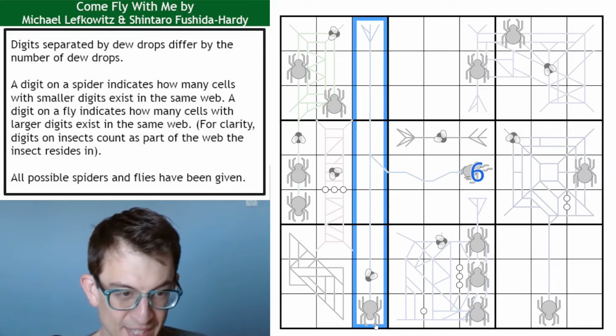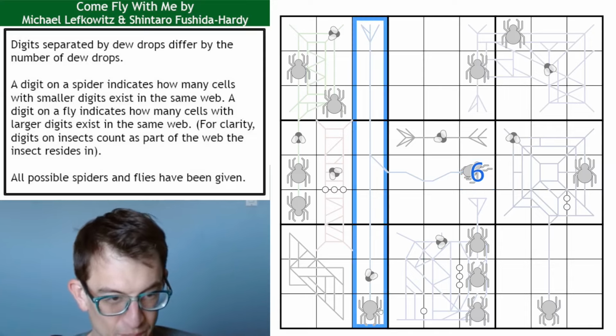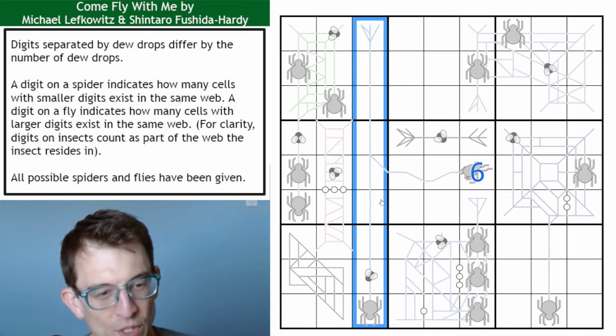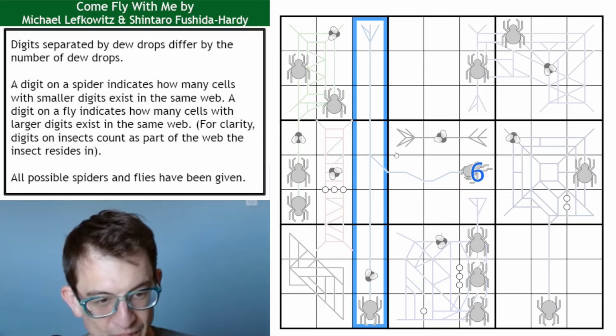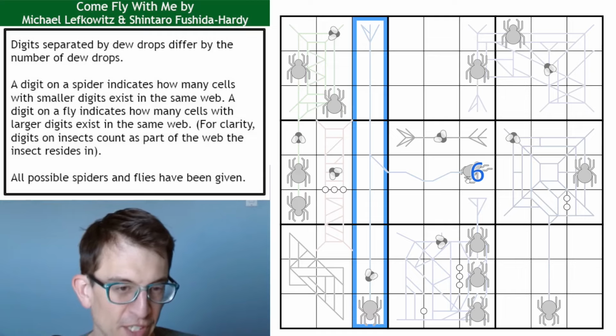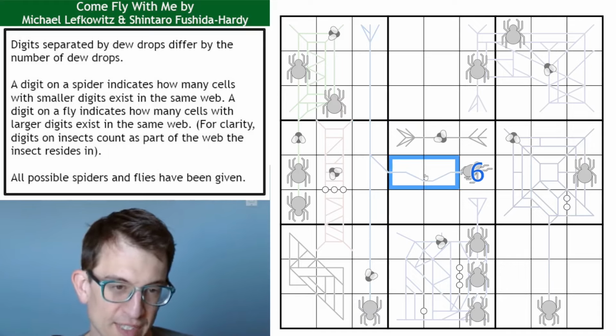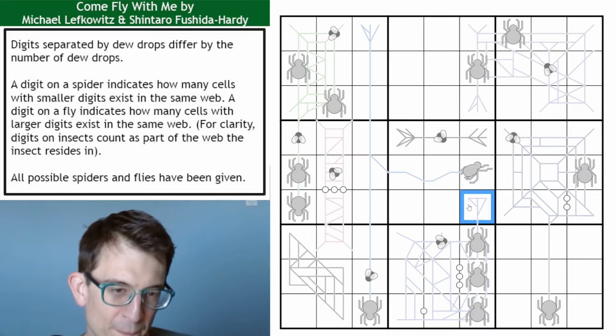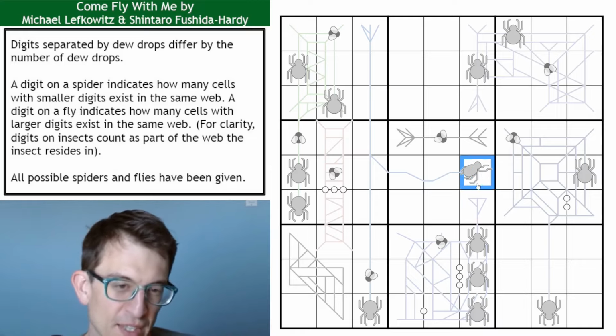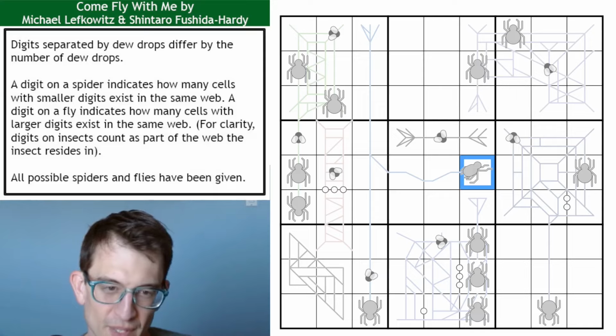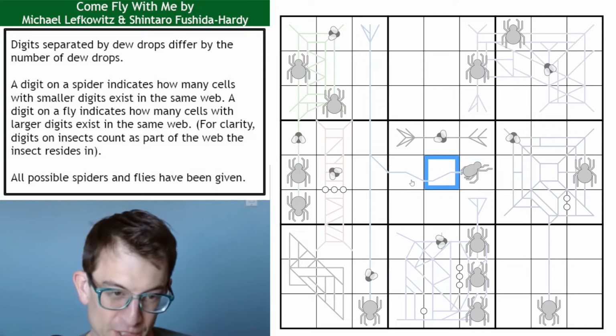Well, on this same web, I have a column 1 to 9 with the digits 1 to 5 in particular on it for sure. So this is going to count 5 digits less than itself. And I need 1 more here, which is not itself, less than it. So this spider here in row 5, column 6 is greater than exactly 1 of those 2 digits. That much I know.